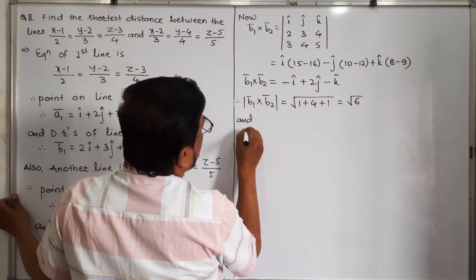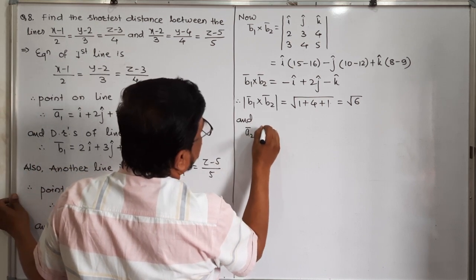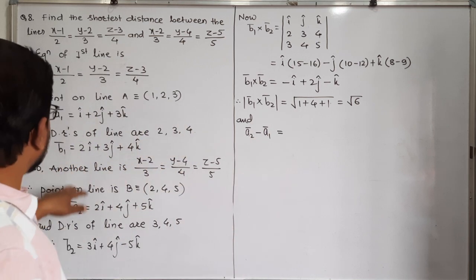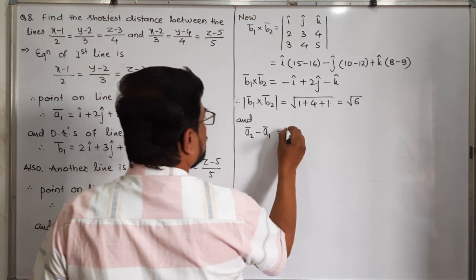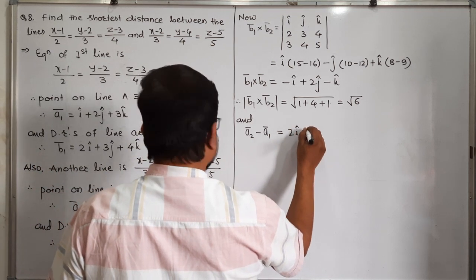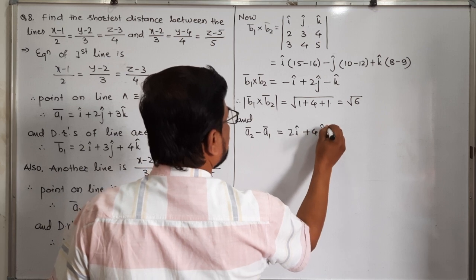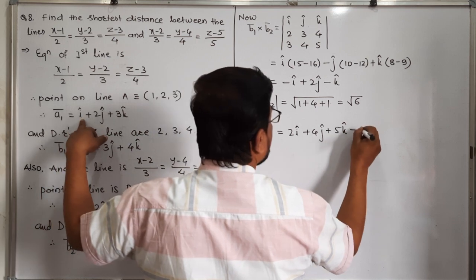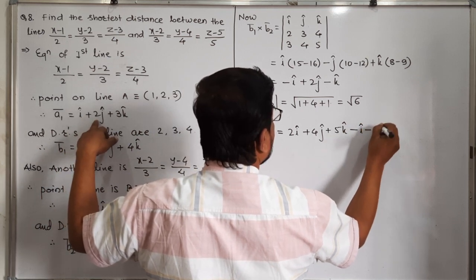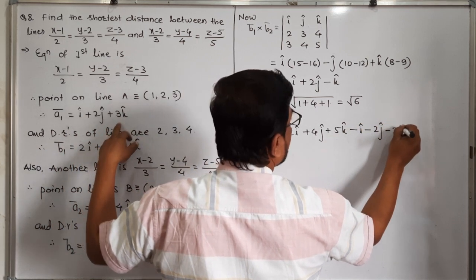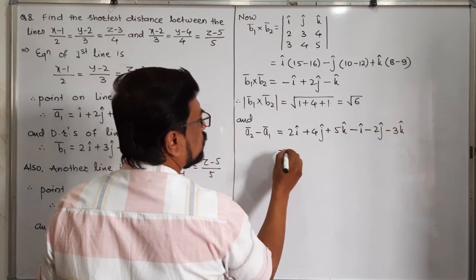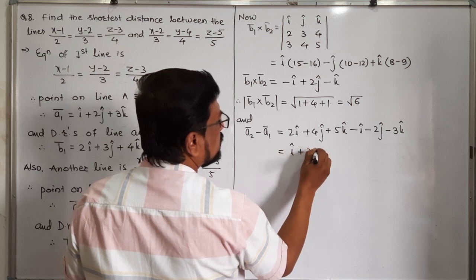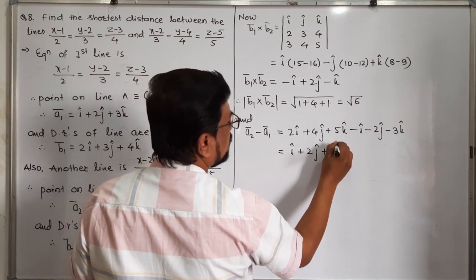a2 vector minus a1 vector is equal to, a2 vector is 2i cap plus 4j cap plus 5k cap minus i cap minus 2j cap minus 3k cap, that is equal to i cap plus 2j cap plus 2k cap.